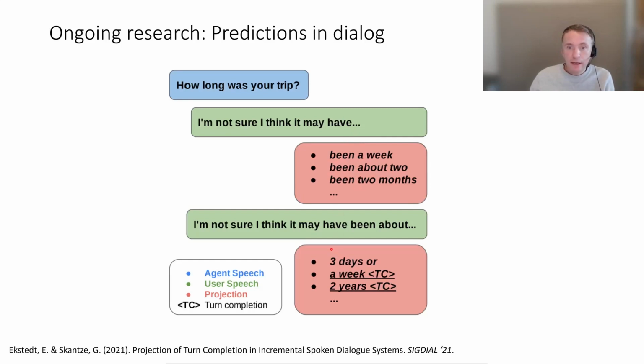And here we don't really see a turn ending, but when we go a little bit further in time and we get, "I'm not sure, it might have been about," we start to see 3 days or a week or 2 years, and here we see turn completions. So it means that the system sees that it's quite likely that the user will be done with the turn soon, so I should start preparing my response.